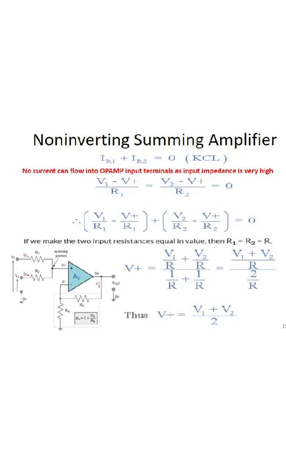No current can flow into the OPAMP input terminal as input impedance is very high. Therefore, (V1 minus V) by R1 plus (V2 minus V) by R2 is equal to 0. If we make the two input resistances equal in value, R1 is equal to R2 is equal to R, then V is given by V1 plus V2 divided by 2.